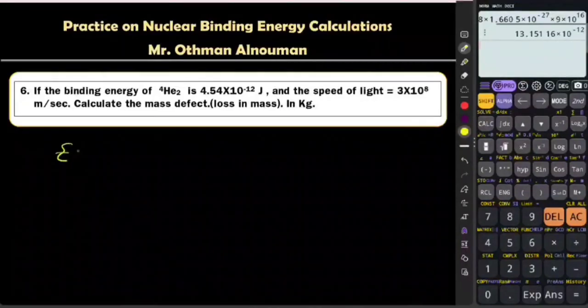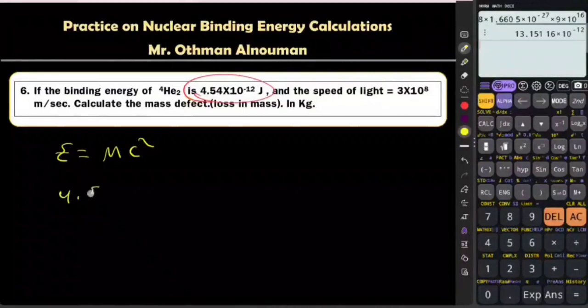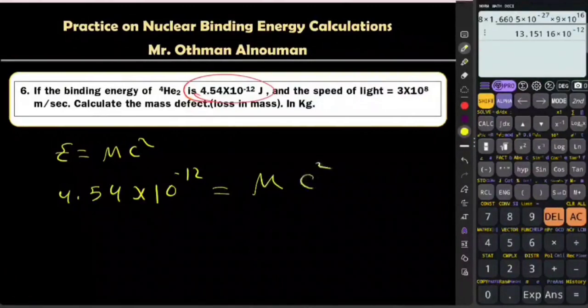Let's see, E equals mc square. E, the energy, is given, so we're going to write it: 4.54 times 10 to the power of negative 12. This we are going to divide because it says equal mc square.